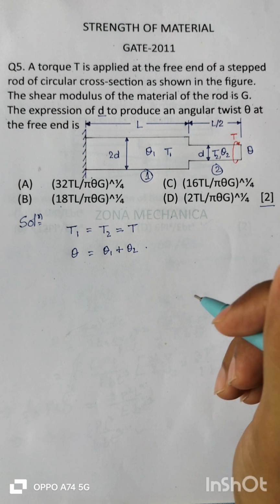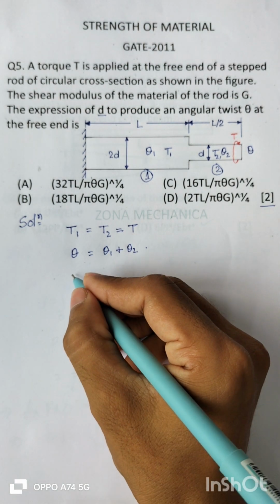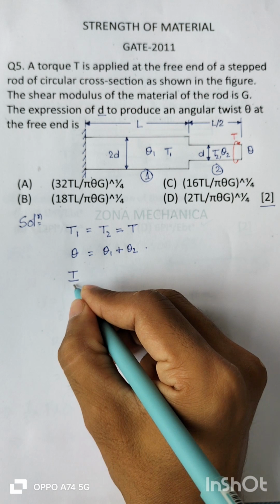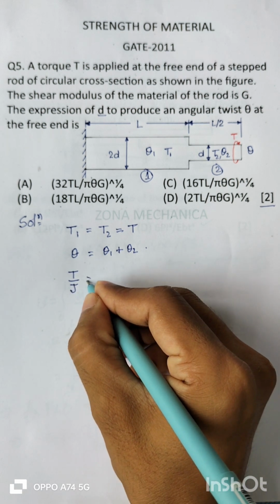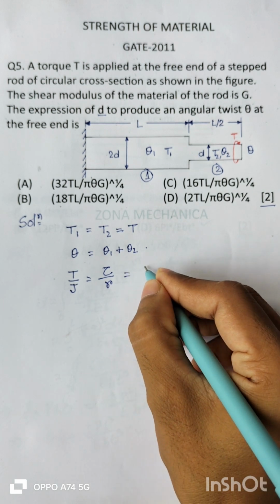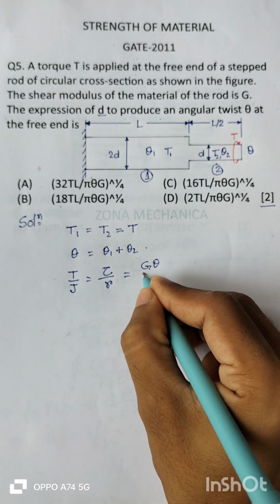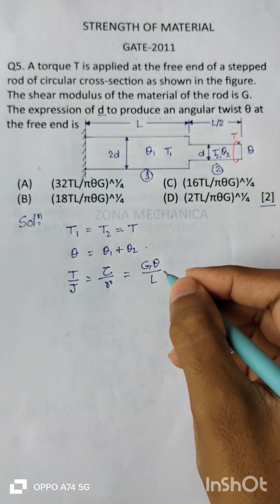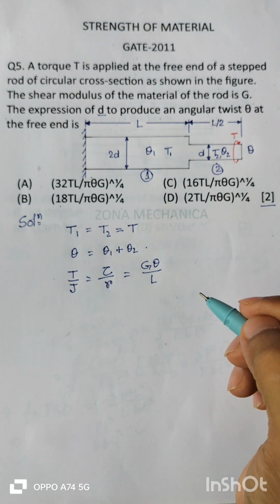Now we have the well-known torsion formula, that is T by J is equal to tau by R is equal to G theta by L, where all the symbols bear their usual meanings.